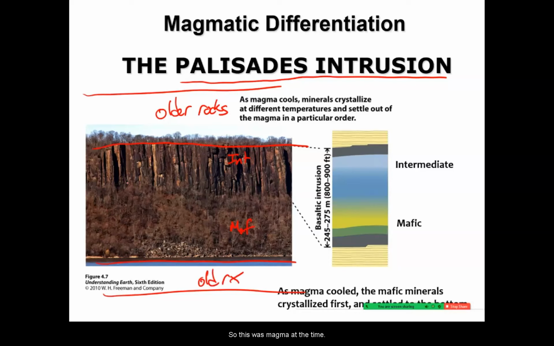And so this was magma at the time. And as it cooled slowly in this big layer, what crystallized first? Mafic materials, maybe some olivine crystals formed and augite crystals. And they're just sitting there floating in this liquid. And they very slowly started to settle.